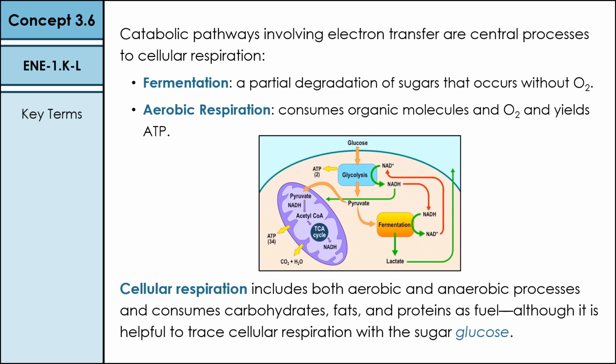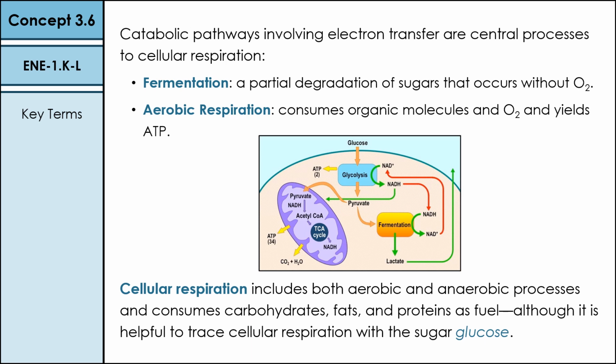But two of the ways that we differentiate is through the process of fermentation, where we break down our sugars, and this does not require our cells to have access to oxygen gas. So if you are an organism that lives in an environment where you have very little free oxygen, fermentation is one of the ways that you're still able to break down sugars and make just small amounts of ATP to get the jobs done.